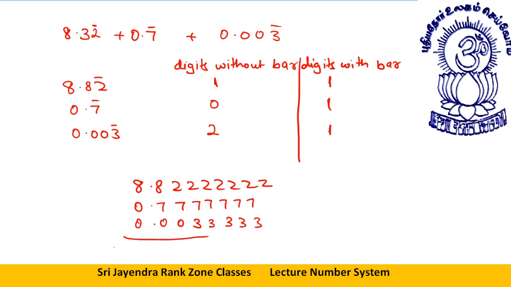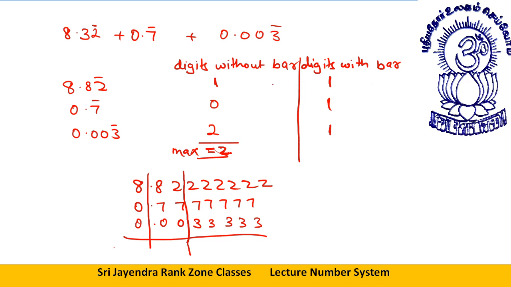Now look, this is the digits without bar, before the repeating part. Let's start with digits without bar. What is the maximum value here? The maximum value here is 2, so reserve these two digits.